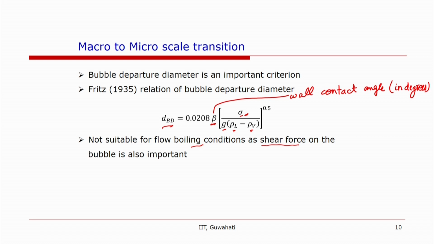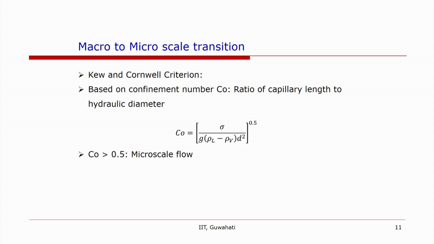So using this bubble departure diameter criterion, Li and Cornwell gave a correlation based on a non-dimensional number which they termed the confinement number, which is a ratio of capillary length and hydraulic diameter, and one can relate this to the Bond number. The Bond number is delta rho g d squared over sigma.